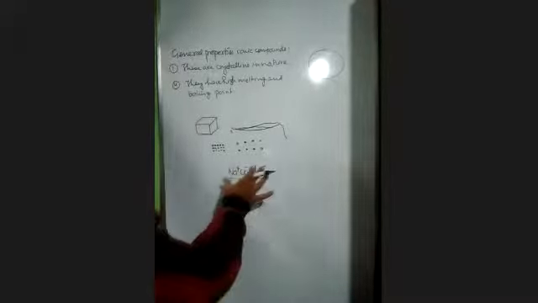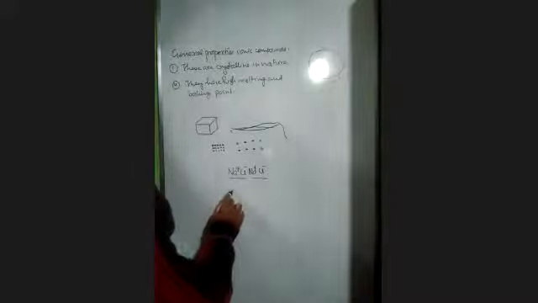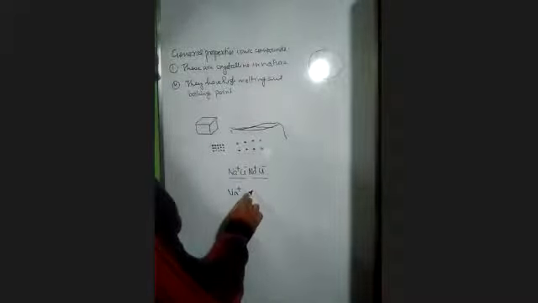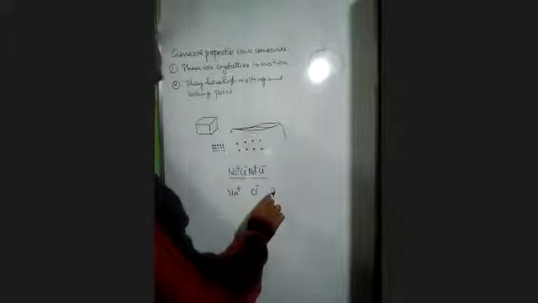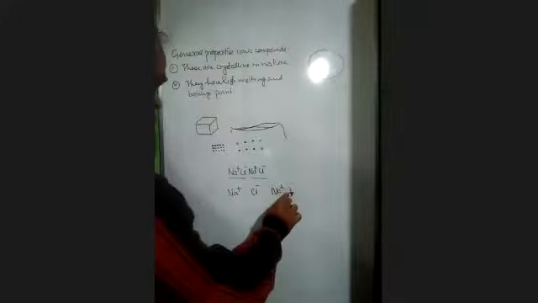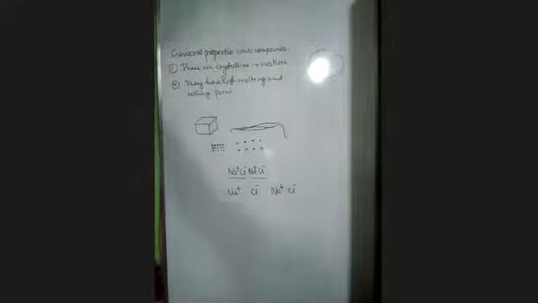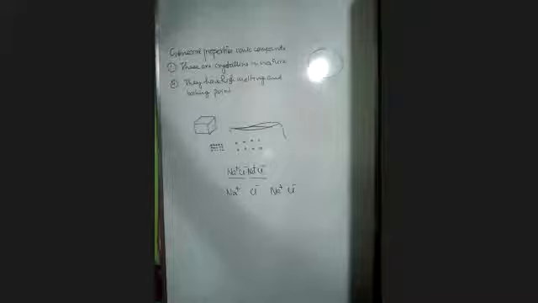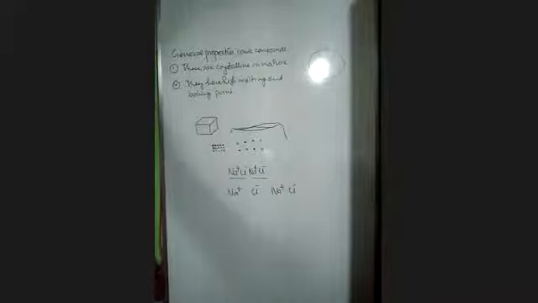Now, if you want to create a gap between them, you have to spend a lot of energy to separate them. And where will the energy come from? The energy will come from the heat that you have supplied. Due to that, we find the ionic compounds have very high melting and boiling points. Please read from the book.